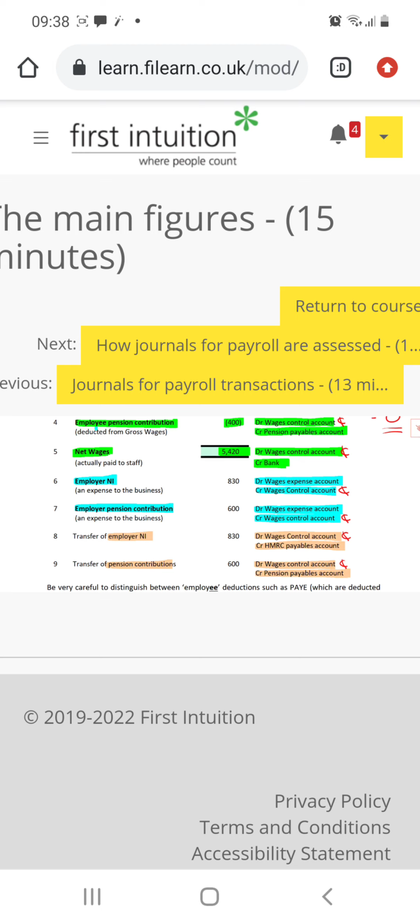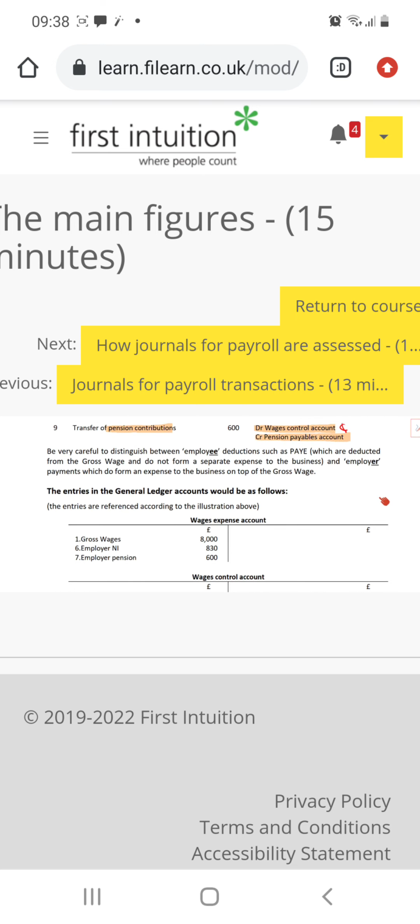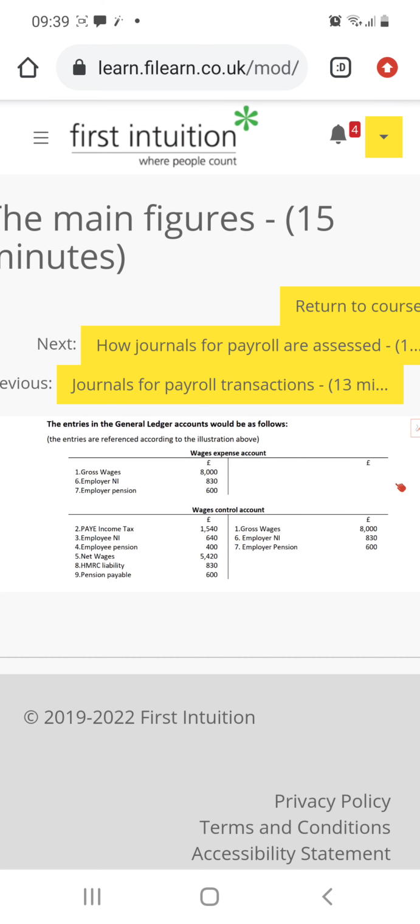What I'm trying to do there is just make sure that ultimately all these balances on the wages control account do actually cancel themselves out. Now, let's look at what that looks like in the general ledger.